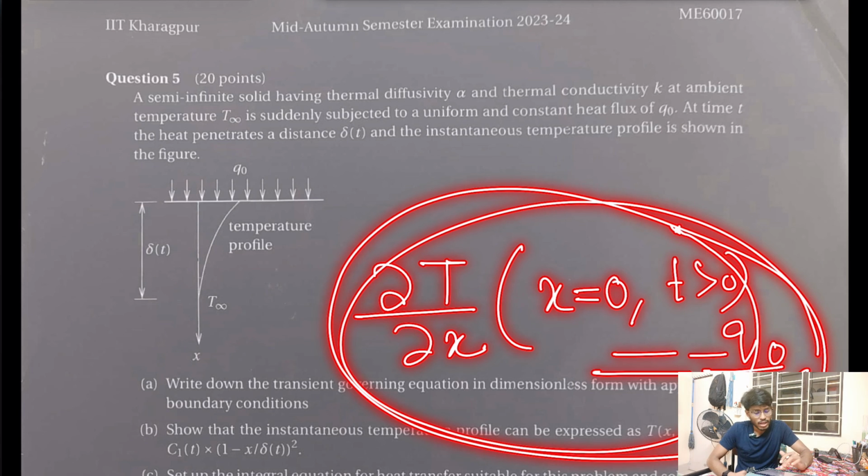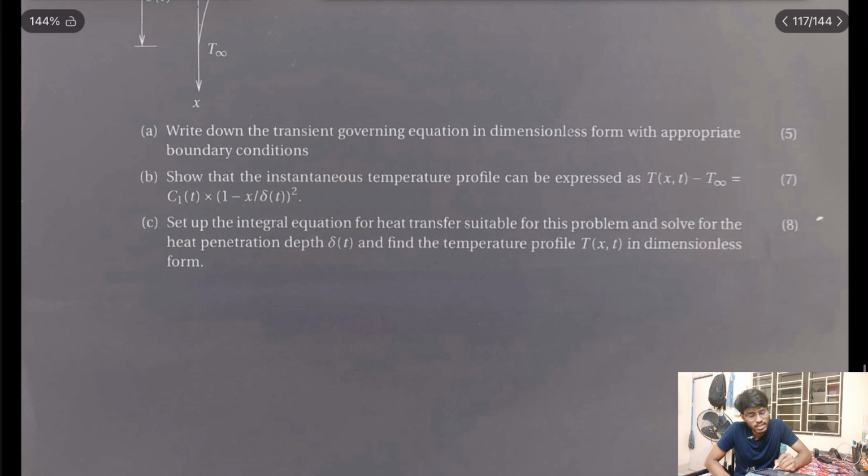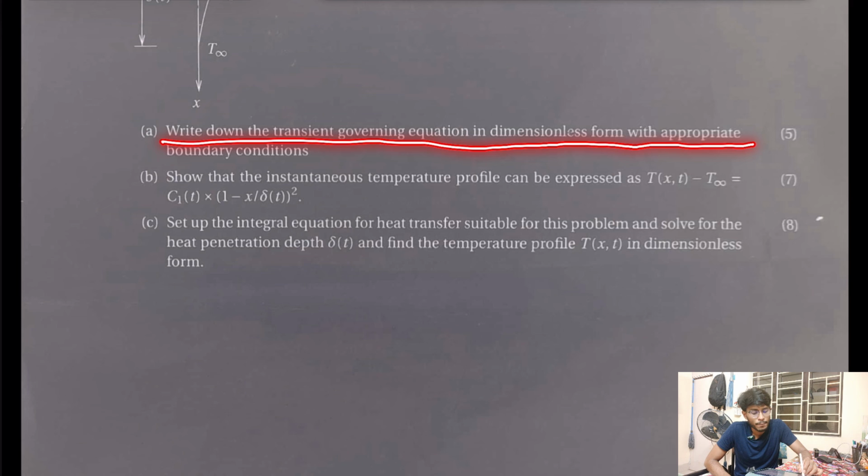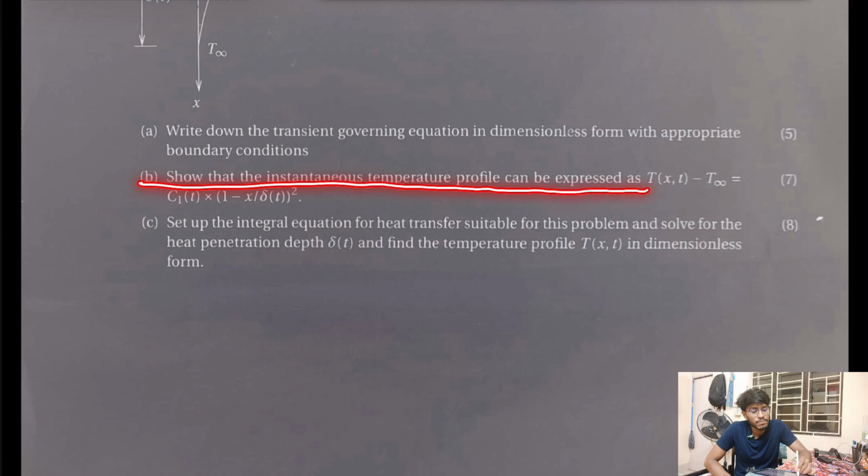The first question is to write down the transient governing equation in dimensionless form with appropriate boundary conditions. This you can do now. Then show that the instantaneous temperature profile can be expressed as this. To do that, you have to go through all this exercise.